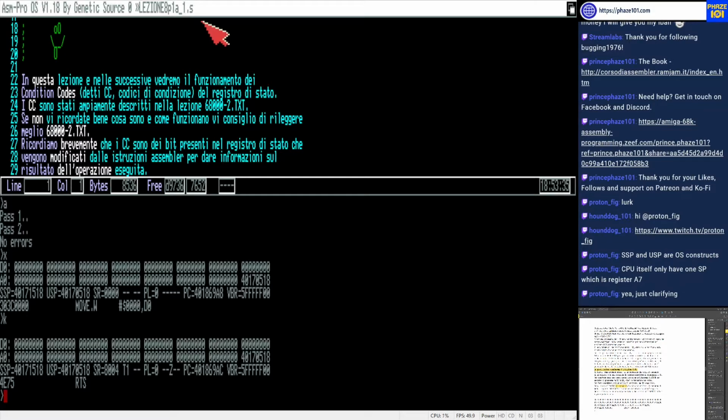We saw that the Z flag was set when we moved 0 into D0. And just checking with the book to see if I skipped anything. Okay, the command X I explained.